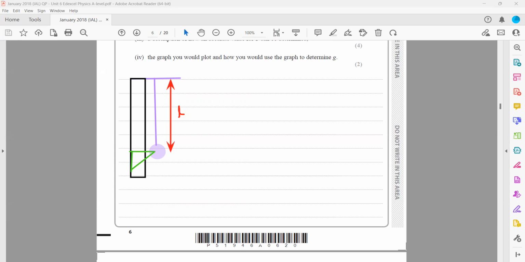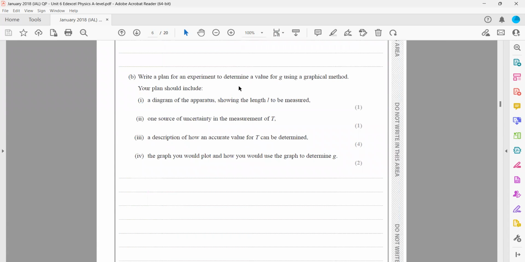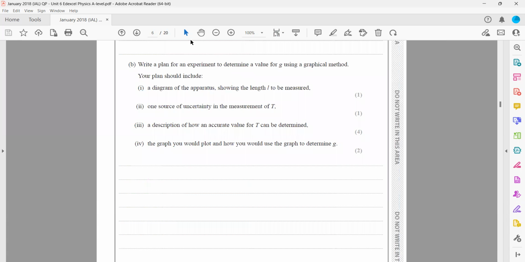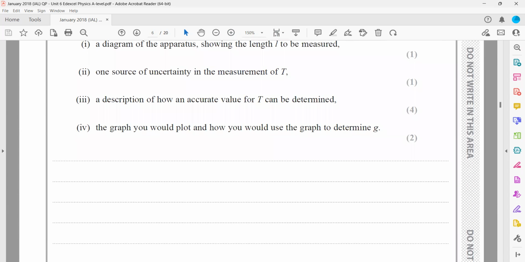The second part, for part B1, you have to draw one source of uncertainty in measurement of the time. So when we are measuring a time interval, what is this one source of uncertainty? Mainly the reaction time. As a pendulum oscillates, you want to record the time for one complete oscillation.